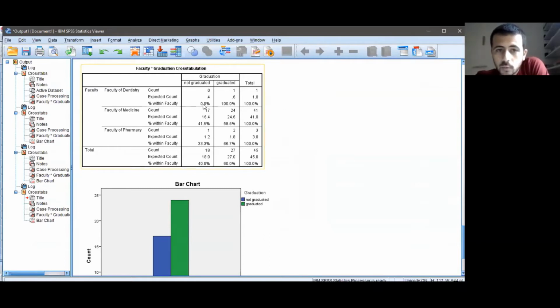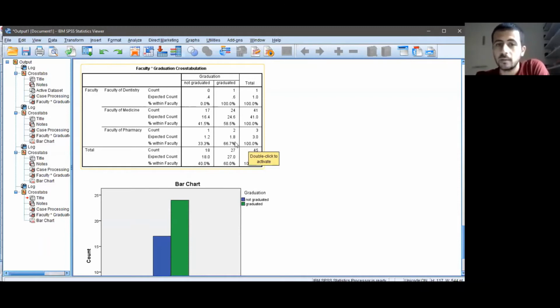If we add this to this, we will receive this. 41.5 is the actual percentage of this 17, and 58% is the actual percentage of this, and so on. So we will need those.